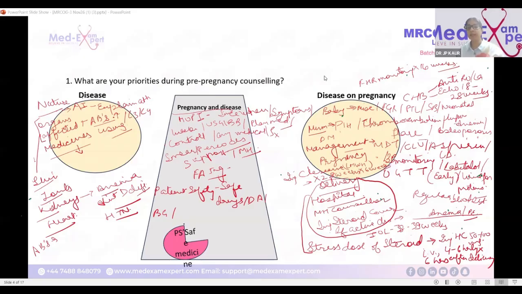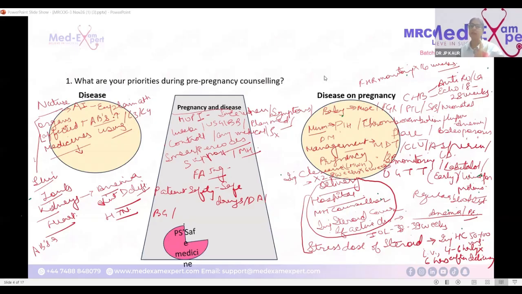So we monitor the fetal heart rate from 16 weeks. Okay. And we offer the fetal echocardiogram to see whether the heart is functioning well, all four chambers are okay, there is no conduction defect, and we watch it at 18 weeks and later at 28 weeks.